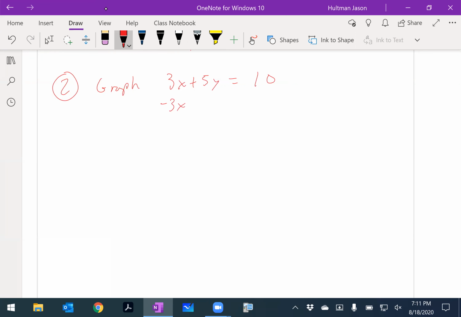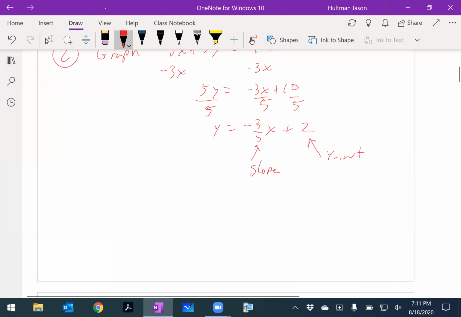Minus 3x, so we've got 5y equals minus 3x plus 10. Divide by 5. I've got y equals negative 3/5 x plus 2. This is going to be the slope, and this is going to be the y-intercept.